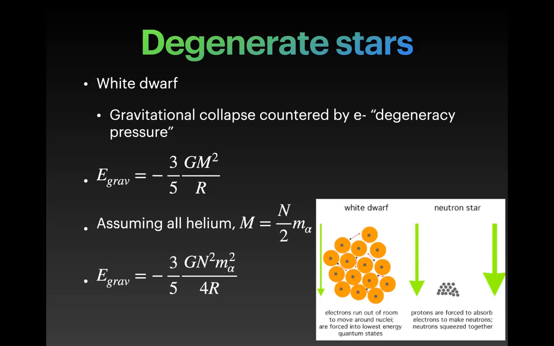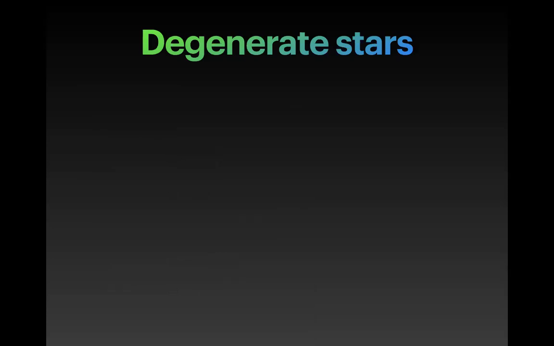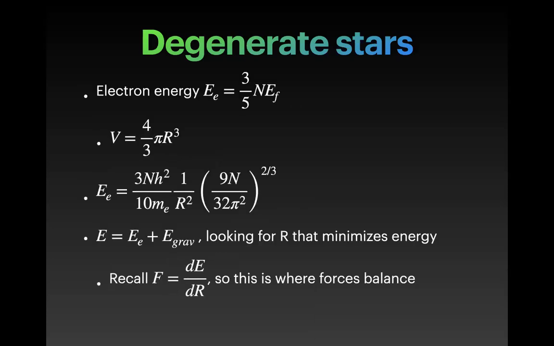Okay, so now we also need to calculate the energy from the electron degeneracy pressure. So here's the total energy, right? It's 3/5 times the Fermi energy, that's the average energy, and then multiply it by the total number of electrons.